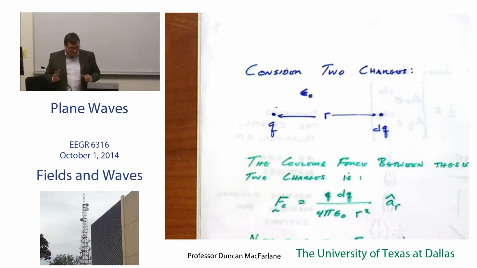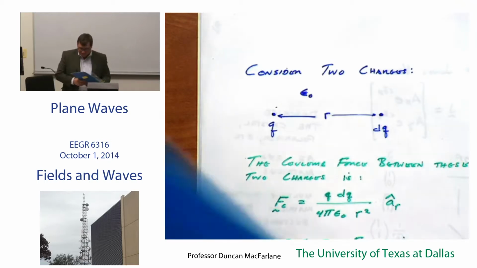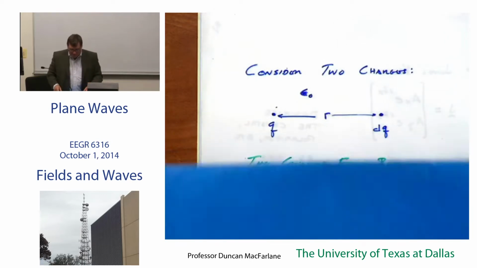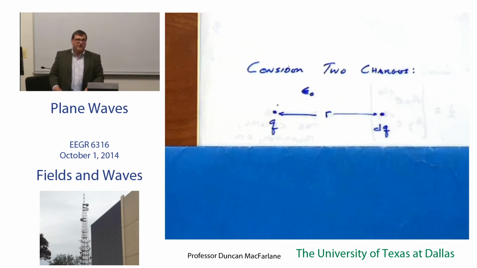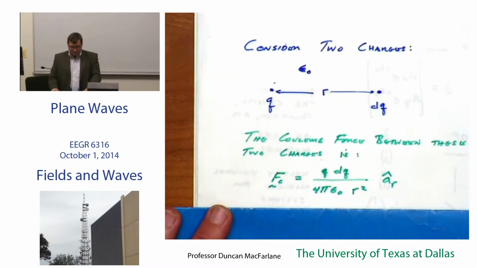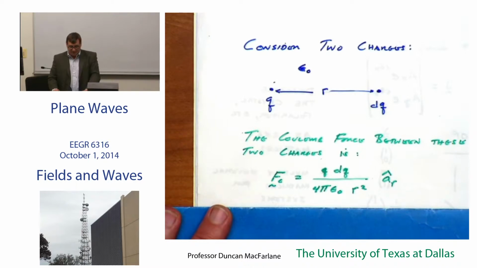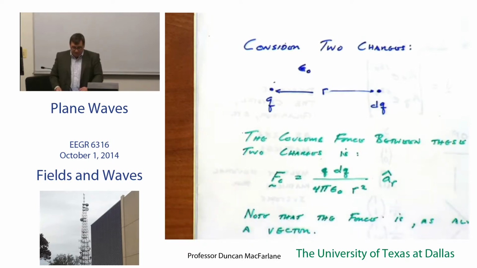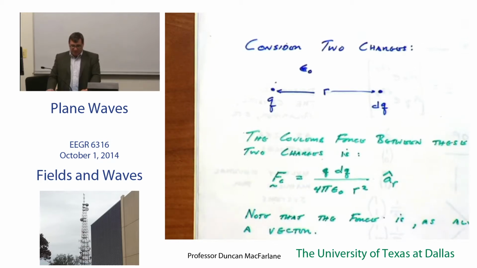Okay, so here's what we're thinking about. I'll start with just arguing for two charges, Q and dq. There's a Coulomb force between each one: Q dq over 4 pi epsilon naught r squared, a sub r. I think TJ talked to you for an entire period about this. I do it because I note that the force is always a vector.